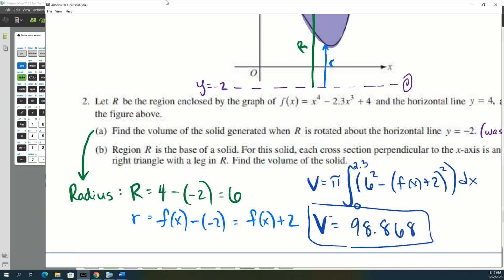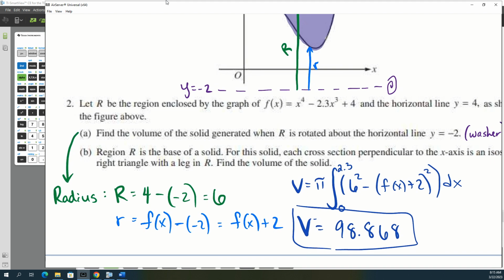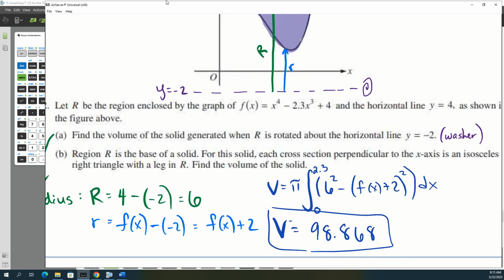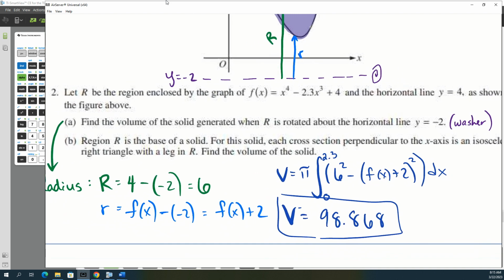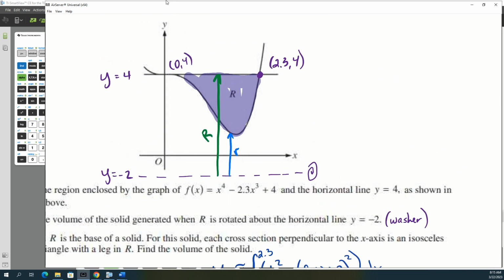All right, any questions on that revolution? Okay, then B is going to ask for what we did yesterday. So we still have this region R. For this solid, each cross section perpendicular to the x-axis is an isosceles right triangle with a leg in R. All right, so what this means is you're going to fill up this region with an isosceles right triangle.